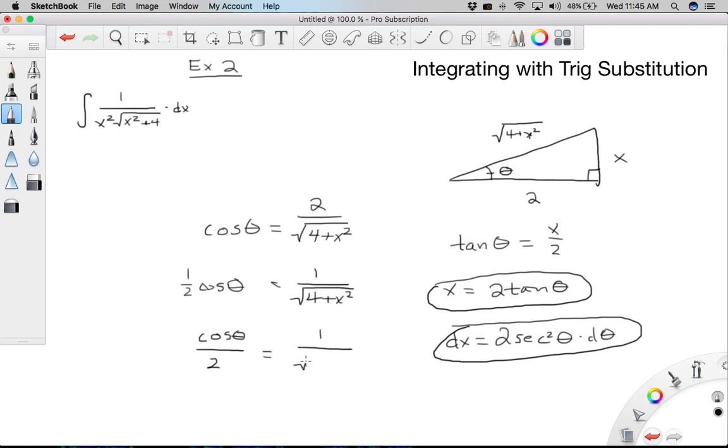The reason I'm doing that is because I could tell by looking at the integral that we're going to have to put some things into fractions. So I just went ahead and made the cosine divided by 2. I just made that into one fraction. Okay.